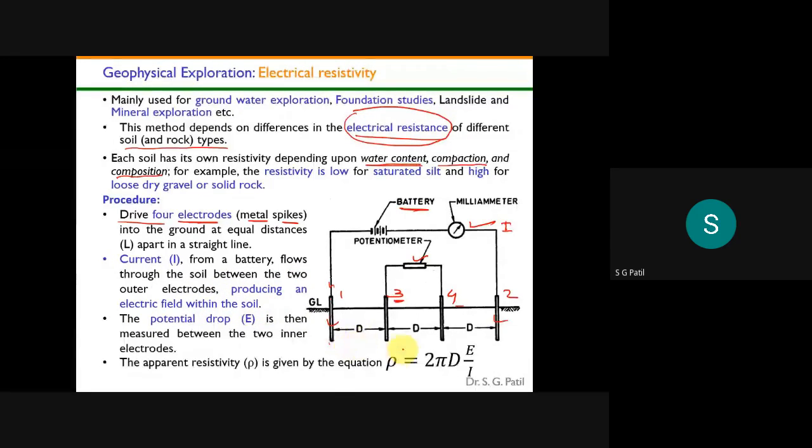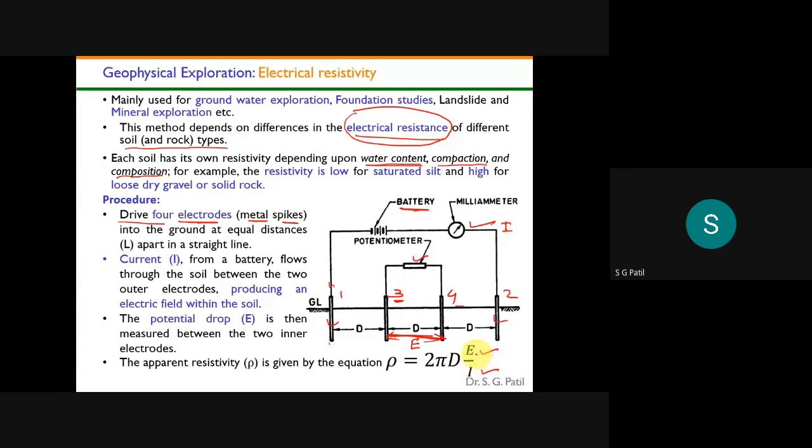Then the potential drop E is measured between the 2 inner electrodes. The apparent resistivity is given by rho equals 2 pi d into E by I, where E is the potential drop and I is the current passing. So only 2 parameters we are measuring here.